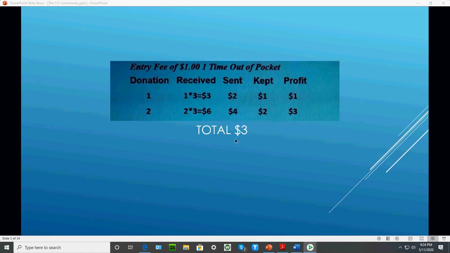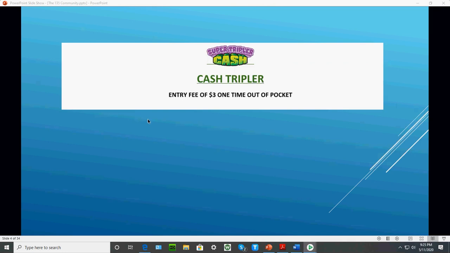Now you've just accumulated $3 in the first 2 donation days in this process. Real simple, real easy stuff. Okay? Now that you've received $3, you've kept $3 for yourself, the next step in this process is to upgrade with those $3 to the $3 cash tripler.